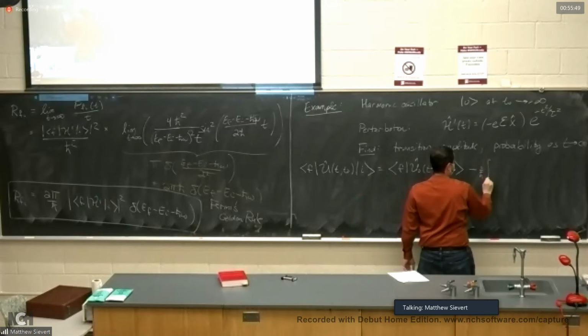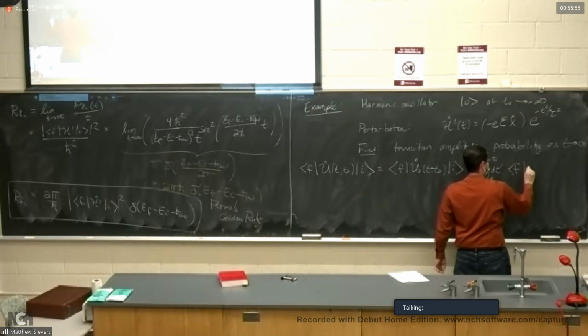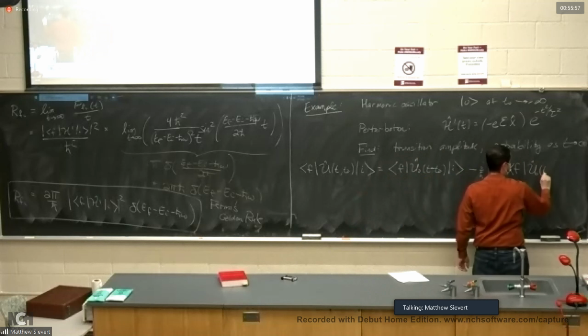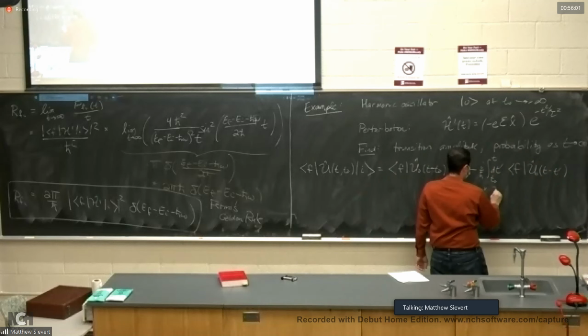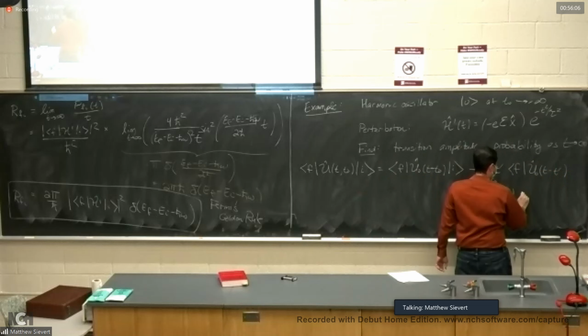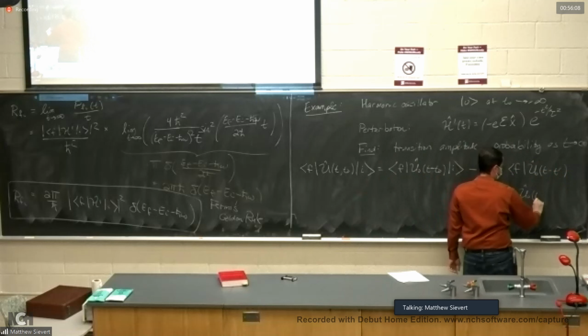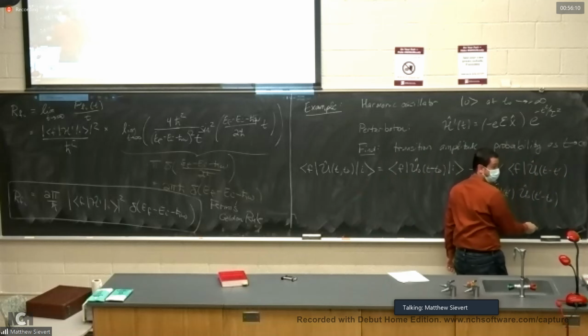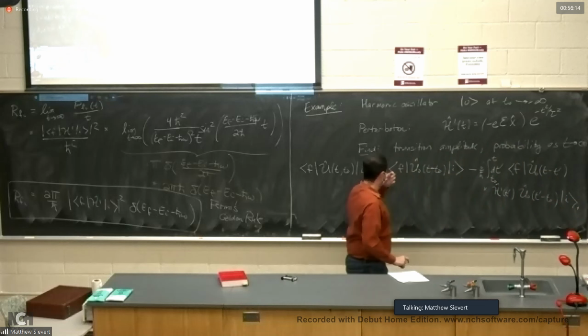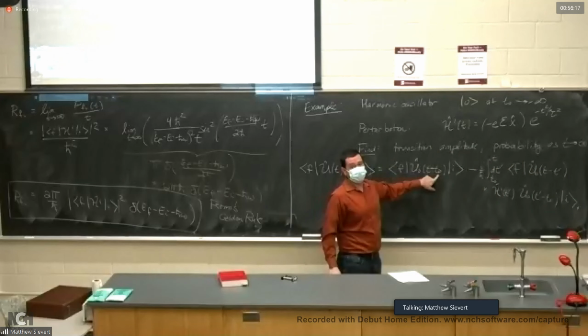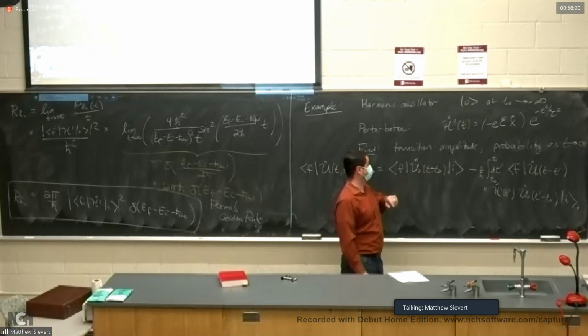Minus i over h bar, integral dt prime from initial condition t naught to t. Final, I have Bare propagation to t from t prime. I have the perturbation H1 at time t prime. And then I have Bare propagation U naught to t prime from the initial condition at t naught. So this is similar to what we did before, but now we're including some initial time t naught that doesn't have to be 0.